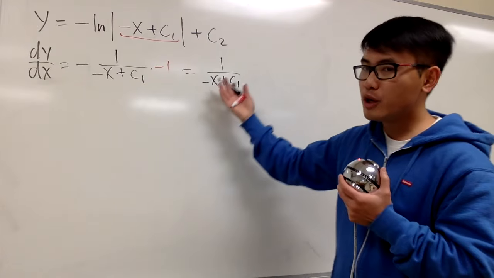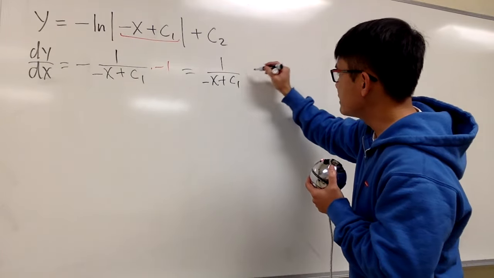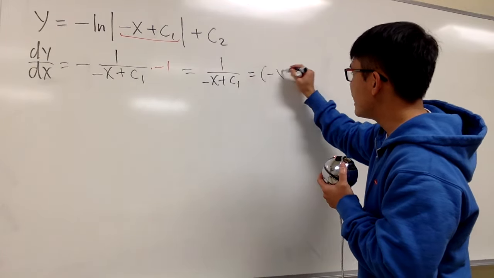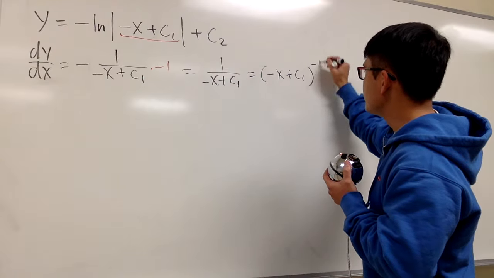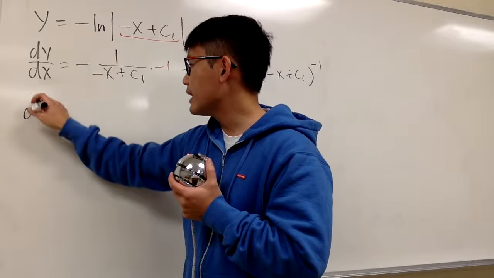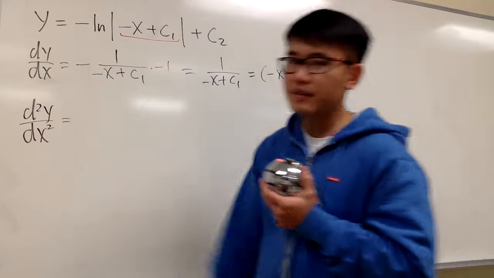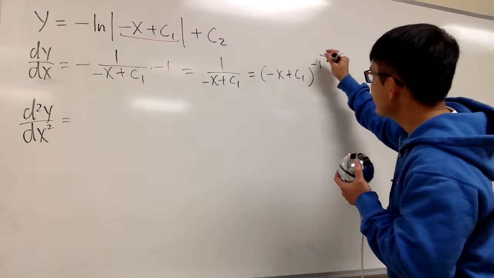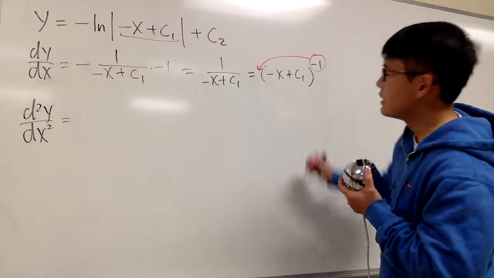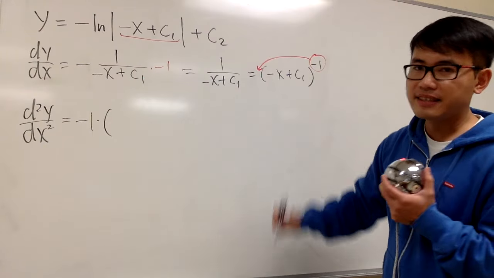But then I want to differentiate this again so I can get the second derivative. Let me look at this as parentheses negative x plus c1 raised to the negative 1 power. So when I do that, I can get d2y dx2 for the second derivative, and I will just have to take the power to the front, and we'll have negative 1 times. The inside stays the same, right?